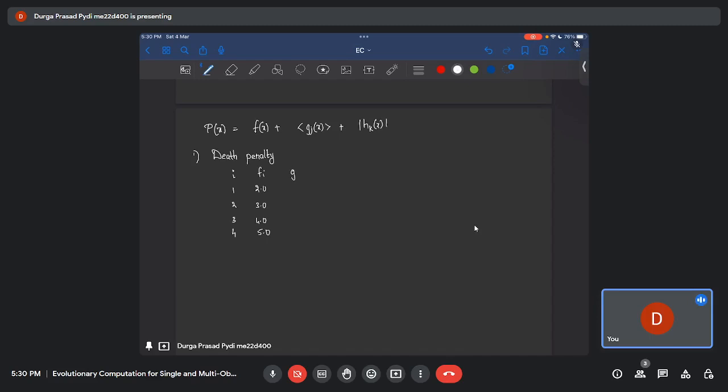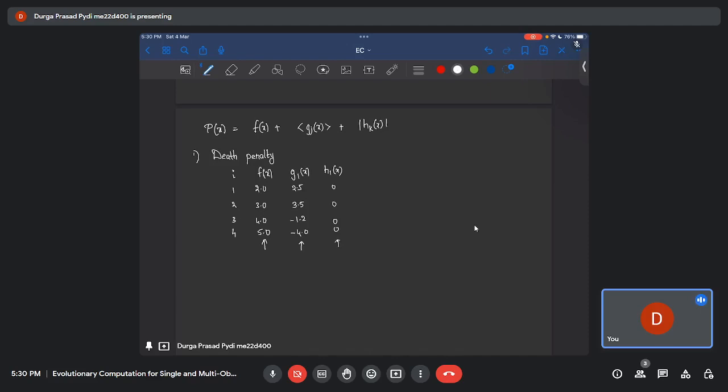Say we have only one inequality constraint, and the values are something like 2.5, 3.5, minus 1.2 and minus 4.0, and you have only one equality constraint, which is more or less 0, 0, and all of them are satisfying the equality constraint. This is just a sample case. You have your objective function values as this, and these are your inequality and equality constraints.